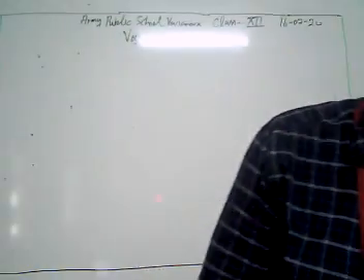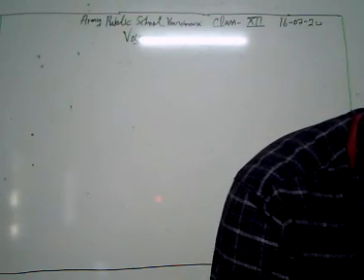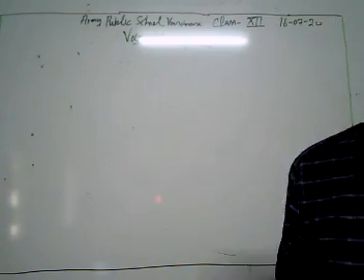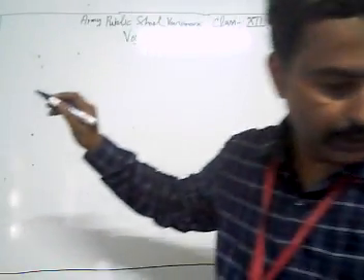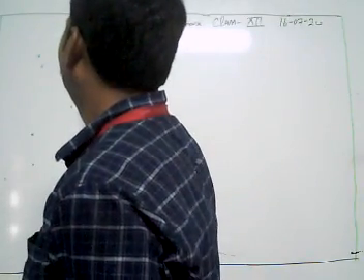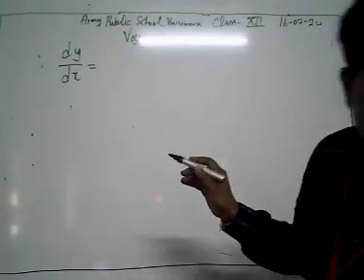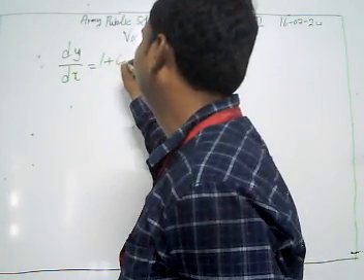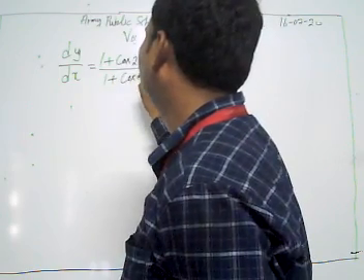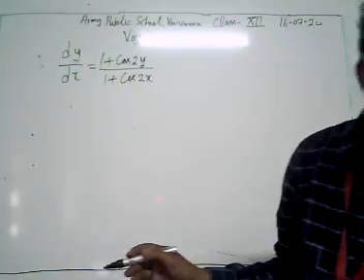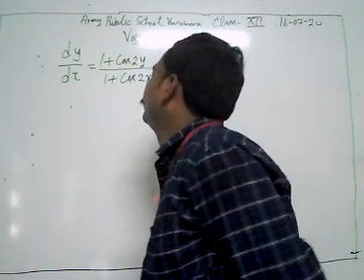Let us take another example. Solve the following differential equation. Our differential equation is given by dy/dx is equal to 1 plus cos 2y upon 1 plus cos 2x equal to 0.